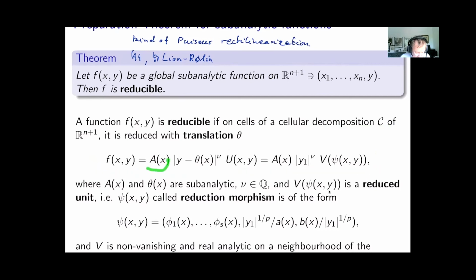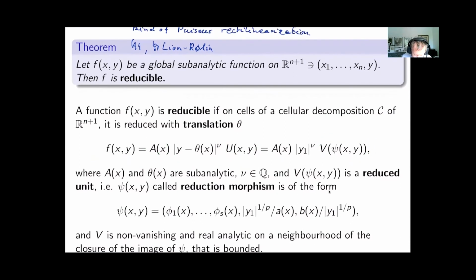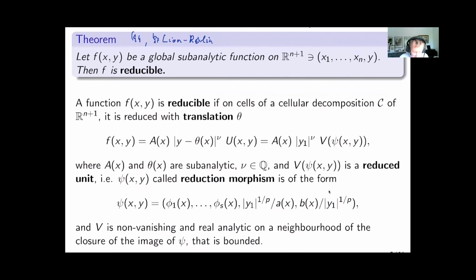So there is a part which depends on all the other variables x, and this is kind of a black box. And then this kind of shifted Puiseux term, but only one term, which depends on variable y. And then there is a unit. And the form of this unit is extremely important.